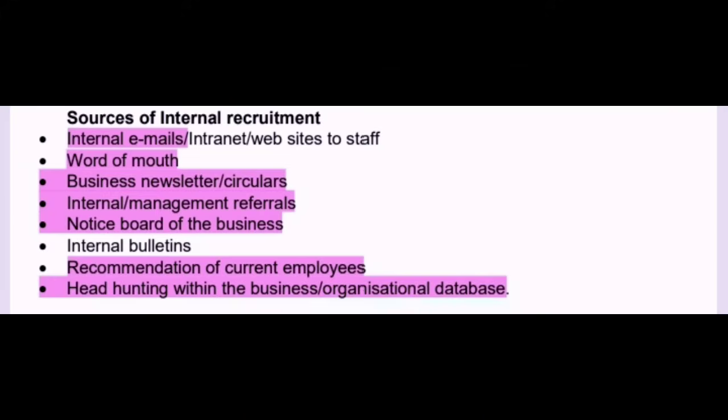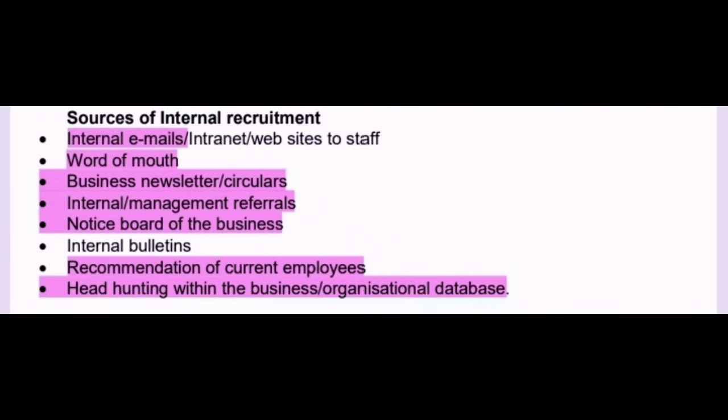Now we move to the sources of internal recruitment. What are the sources of internal recruitment? How do they do the internal recruitment? Look at your screen so that I can name the sources.